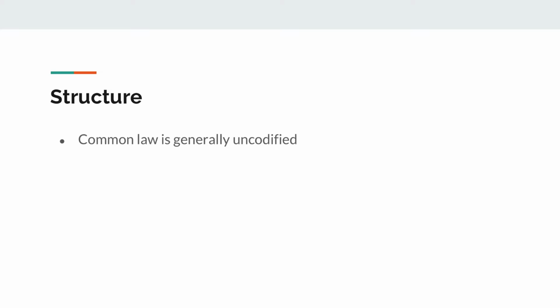Those precedents are maintained over time through the records of the courts, as well as documented in collections of case law known as reports. In common law countries, the legal system is not organized in a coherent and clear structure. Its development tends to be very incremental, and it's not easy for a foreign lawyer to approach the common law.